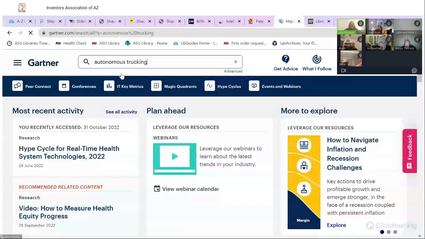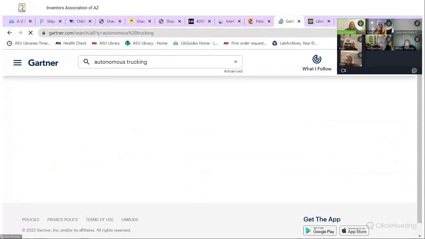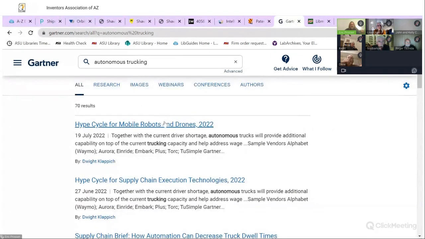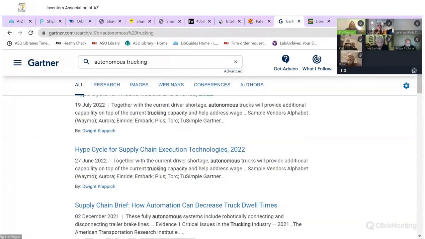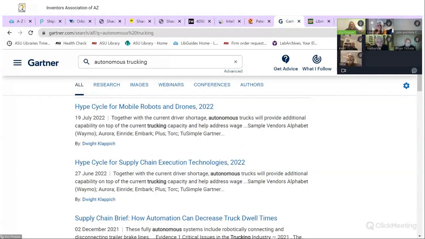Essentially what Gartner does, again, kind of like IBISWorld or Mintel did, is look at industries to see what's going on. And Gartner has this specific thing that they call the hype cycle.